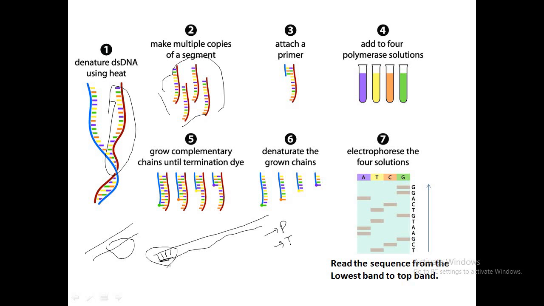Apart from primer and template, the other thing that we need is Taq polymerase, because polymerase is going to extend this chain, and the dNTPs. DNA is composed of these nucleotides, the dNTPs A, T, G, C.